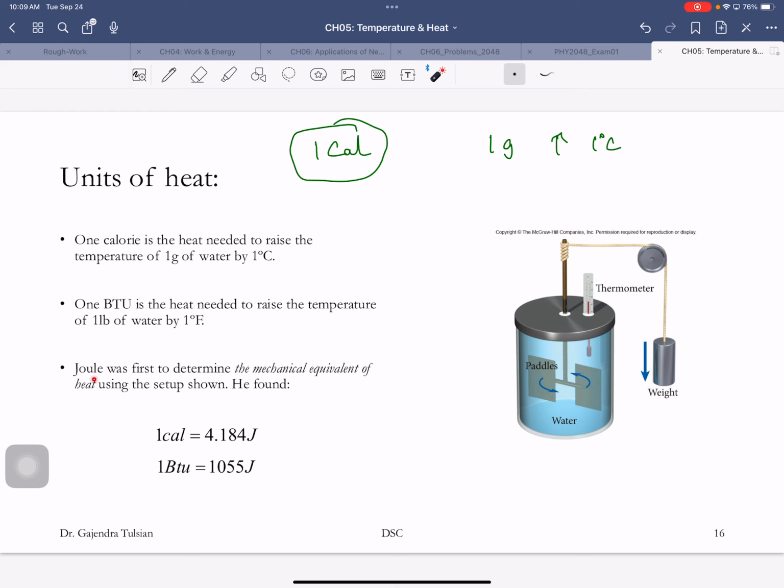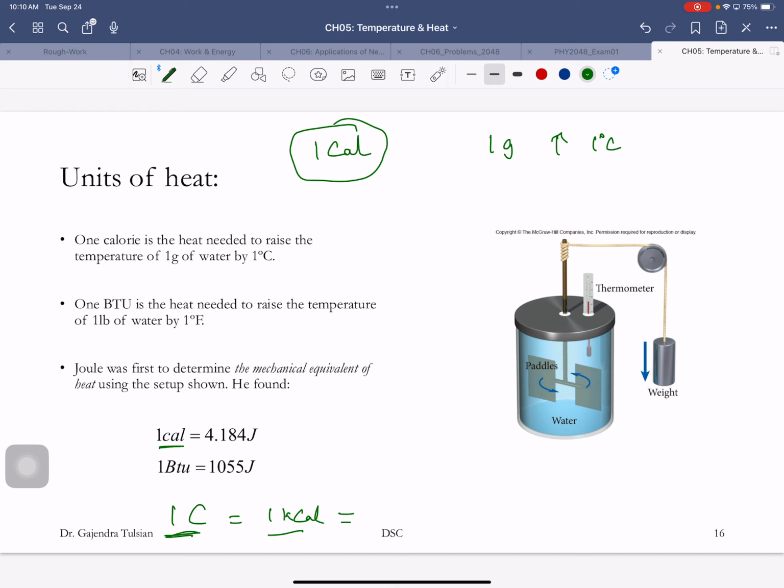The joule is the SI unit for energy, and it turns out that 1 calorie is 4.184 joules. A food calorie is a big calorie, a kilocalorie, which is 1,000 of these calories. Okay.